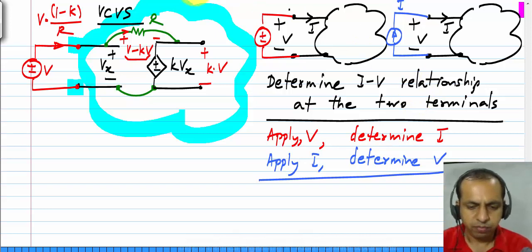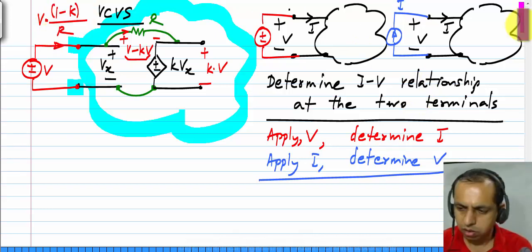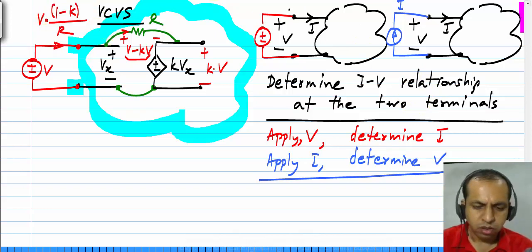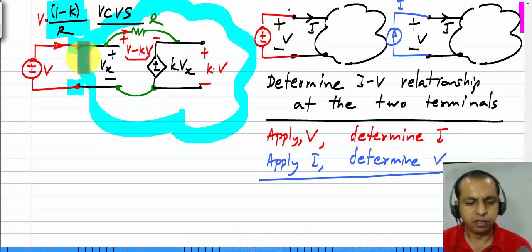And you know from Ohm's law that whatever is multiplying V is the conductance between these two terminals.